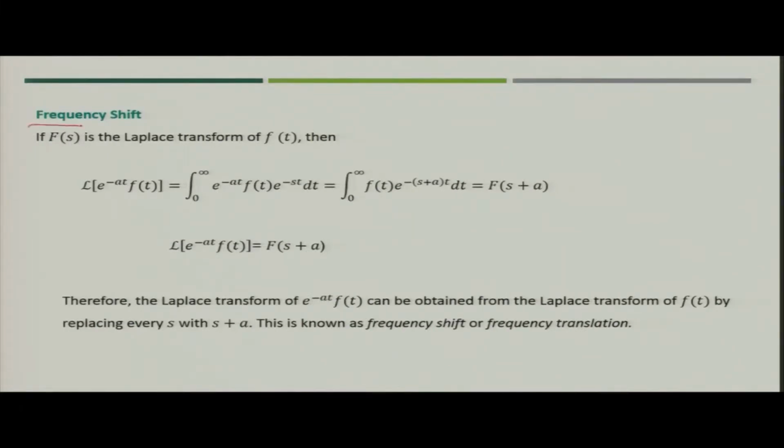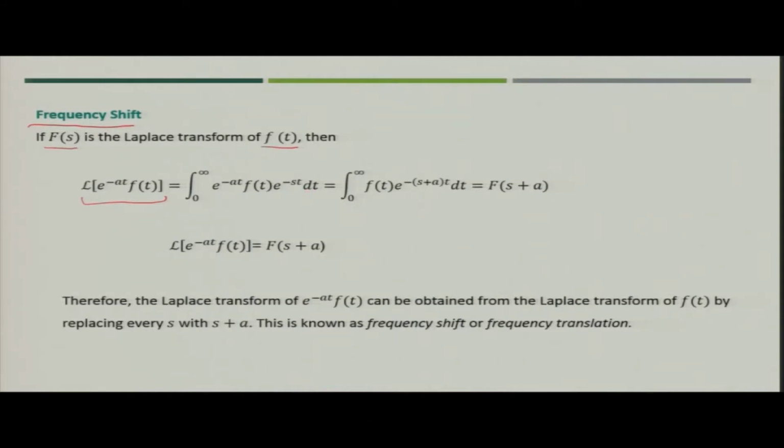Now, let us talk about the frequency shift. If F(s) is the Laplace transform of f(t), then the Laplace of e to the power minus at multiplied by f(t) would be, if you take that function inside the integral, the standard definition of our Laplace transform, that is integration between 0 to infinity of f(t) into e to the power minus st dt.